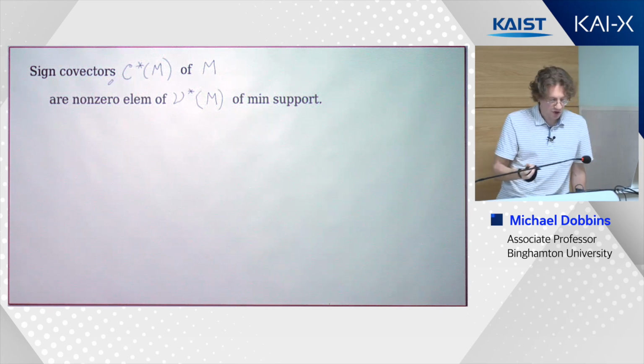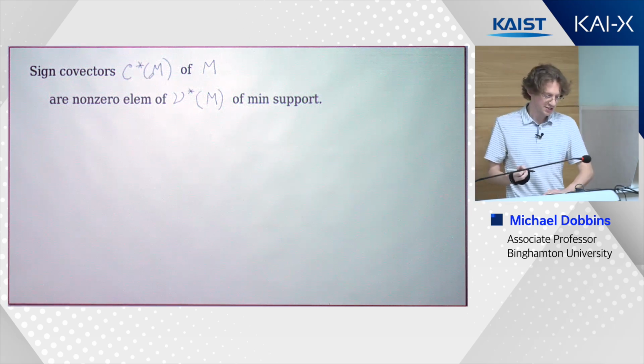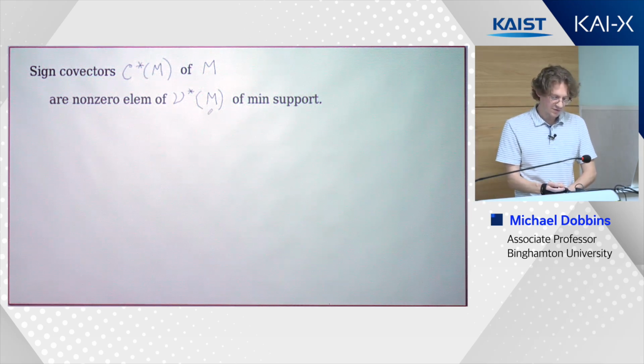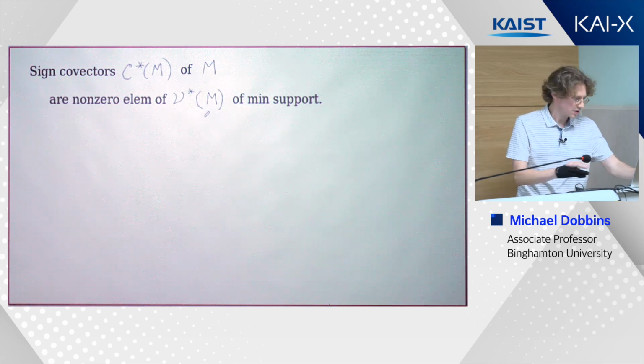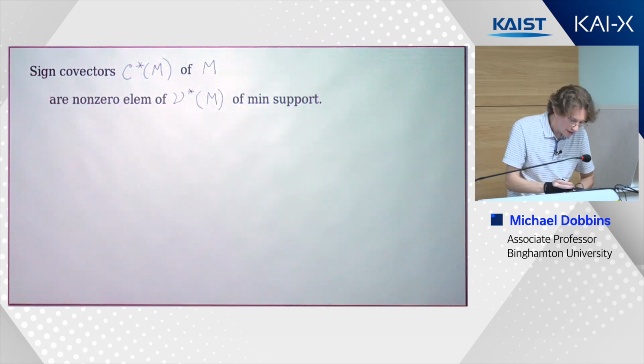So then we can look at the sign covectors. This is another object we can associate with a matrix. And these are just the elements of V star of minimal support. So I claim that here, since there's not quite so many, I can write out what all of these are. And I already wrote most of them.